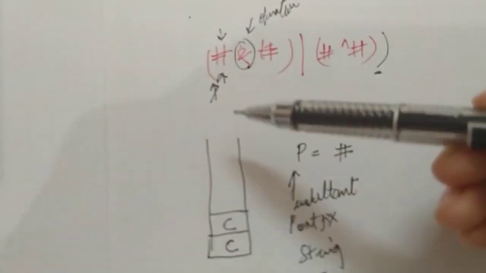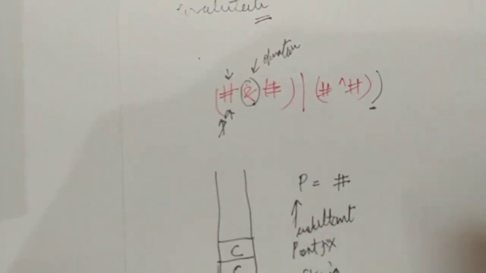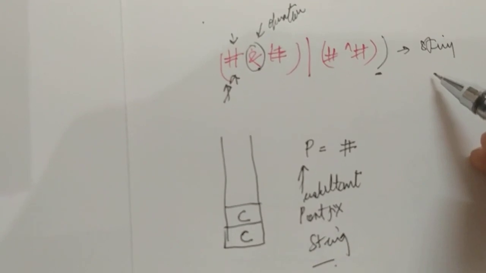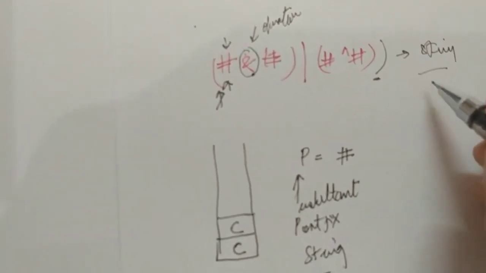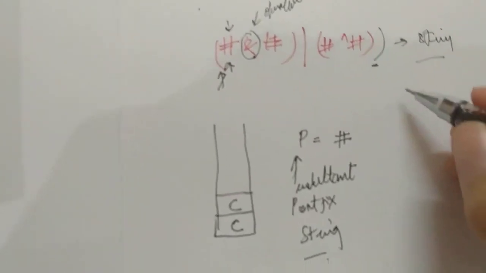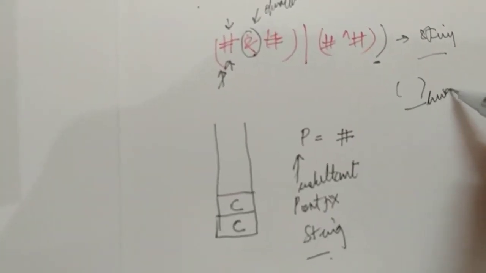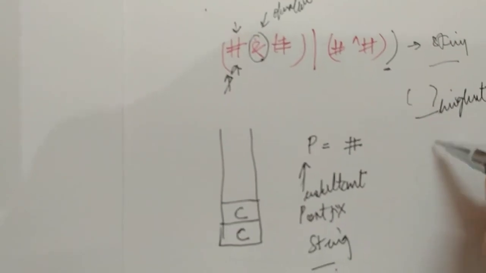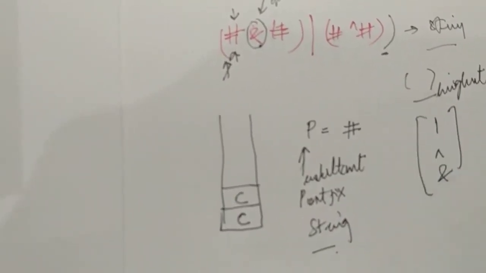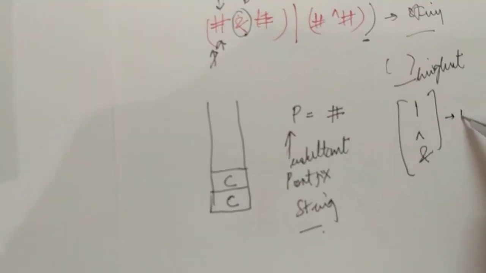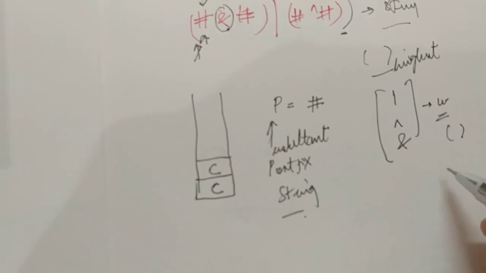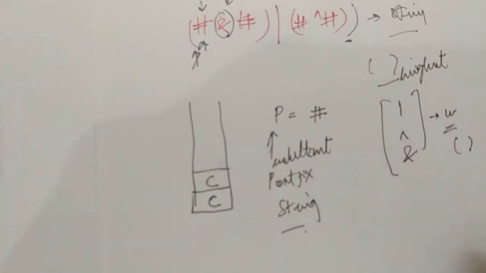But here in the question we are given a string like this, that we do not need to keep track of precedence. Only braces have the highest precedence, then all our operators will be guarded by parentheses. So we need not take care of precedence.